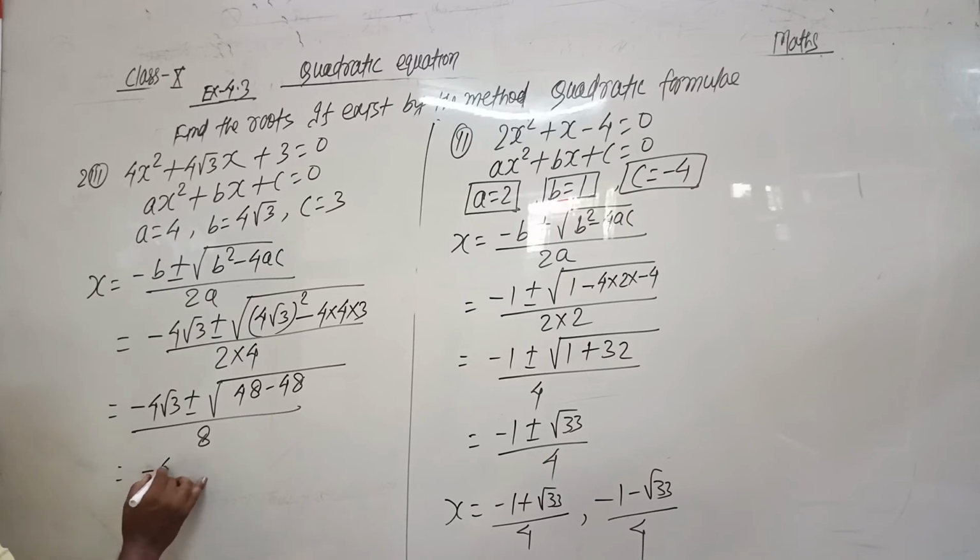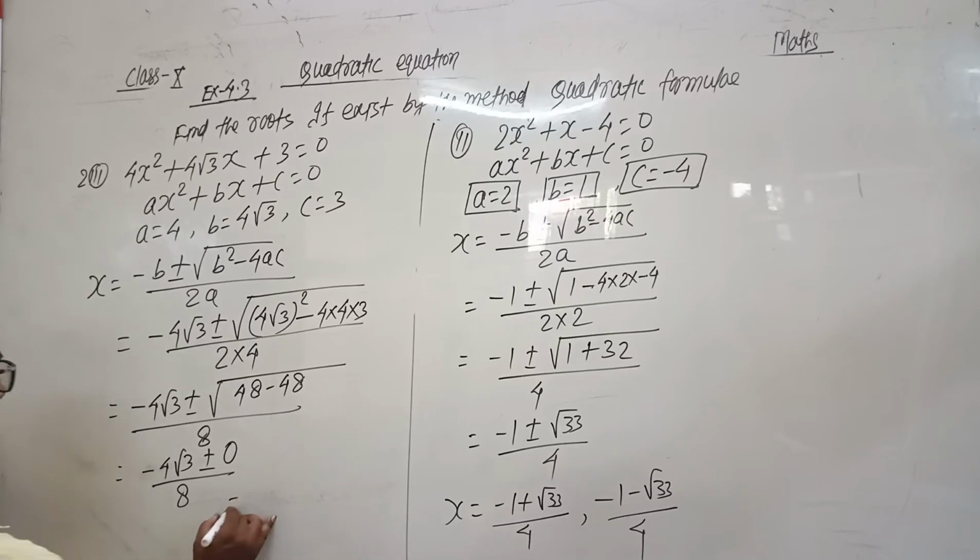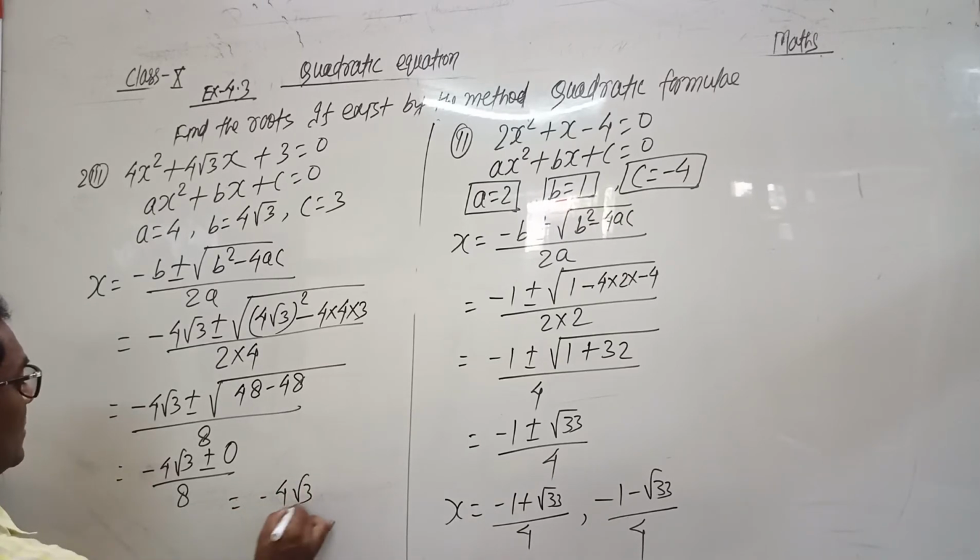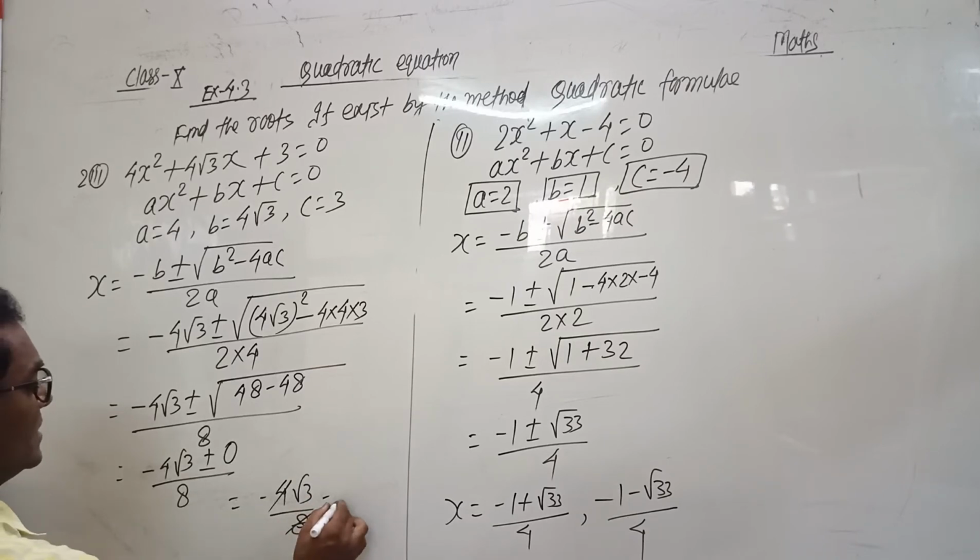So this gives minus 4 root 3 plus minus 0 upon 8. So minus 4 root 3 upon 8, and 4 into 2 is 8, means minus root 3 by 2.